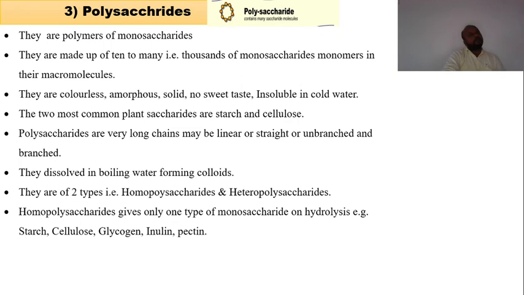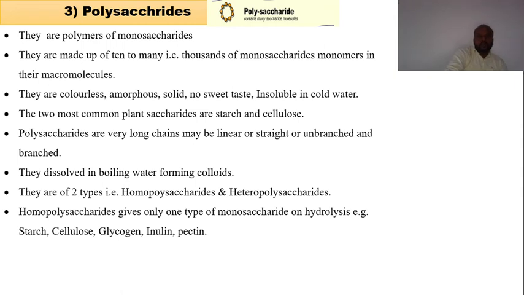There are again two types we have already discussed, homopolysaccharide and heteropolysaccharide. Homopolysaccharide gives only one type of monosaccharide on hydrolysis, for example starch, cellulose, glycogen, inulin and pectin. If you hydrolyze cellulose or starch, we get only glucose.